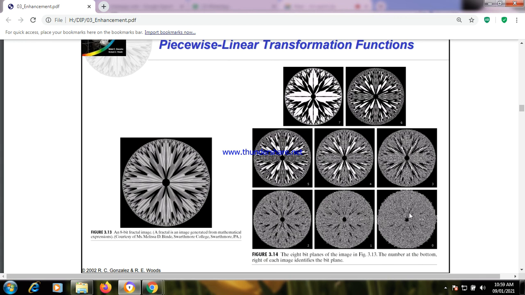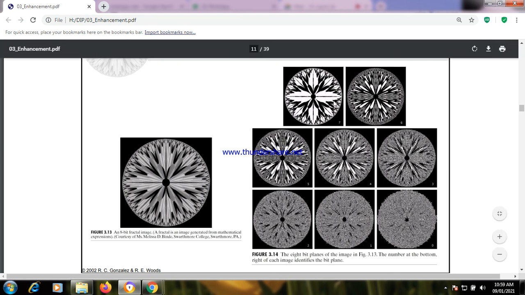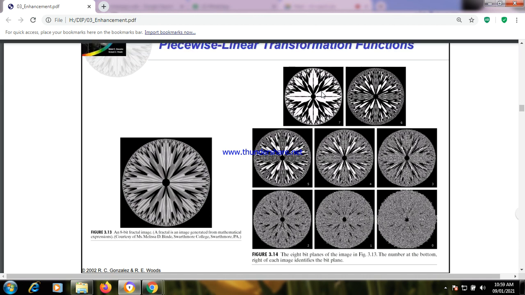Now I am increasing the bits towards the left side. So this relates to bit plane 1, 2, 3, 4, 5, 6, 7. Meaning the most significant bit will have more information content in the image. It will have more weightage compared to the other bits in that particular pixel.